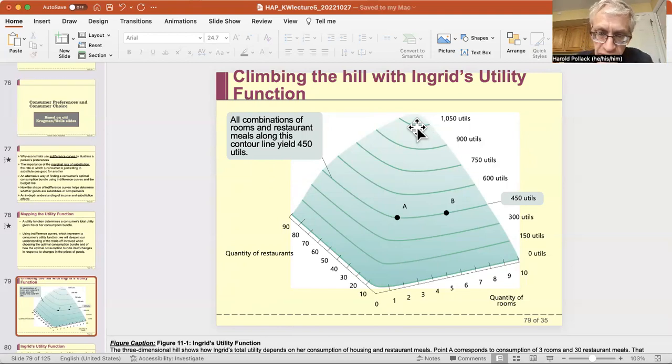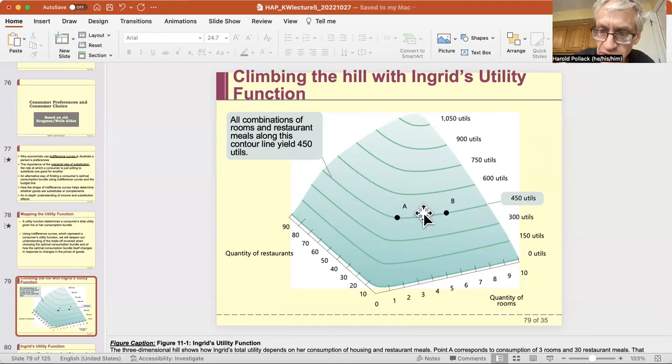In this particular case, she's got restaurant meals, and she's got hotel rooms, and she's got different combinations of those things. And at any given point, one of these lines where her height is exactly the same, that's one indifference curve.